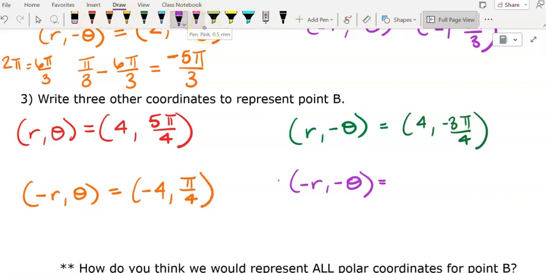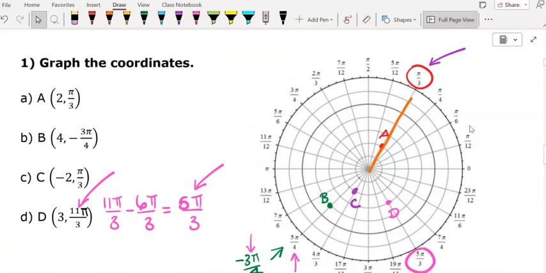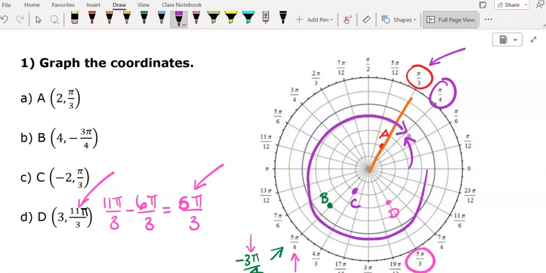My last one is a -r and a negative angle. So that means that I'm going right here from this pi over 4, and I'm going to have a negative value. So if I'm here, all I need to do is go the opposite direction, but negative. So that means instead of going right here to get that, I'm going to do an almost full circle and go this way from where I started, okay?